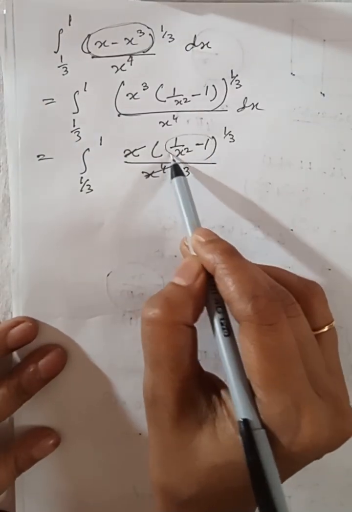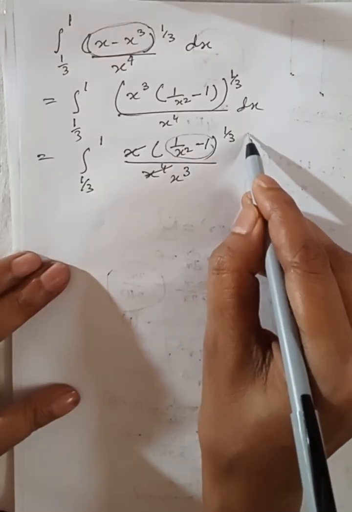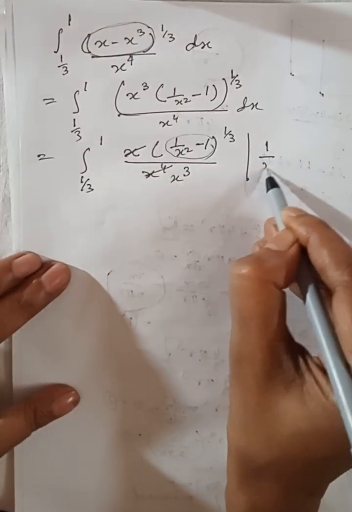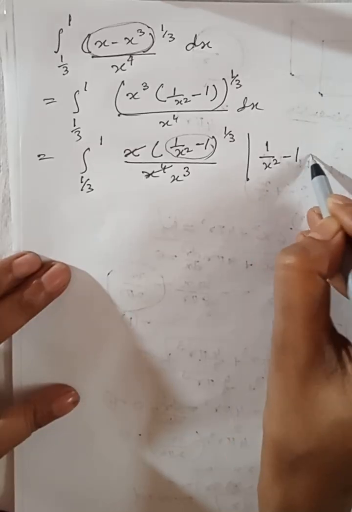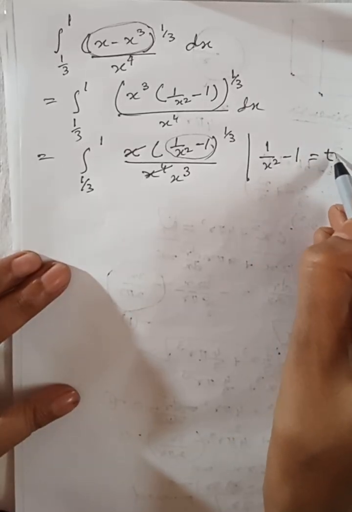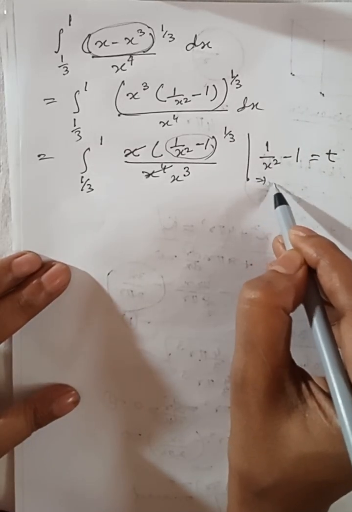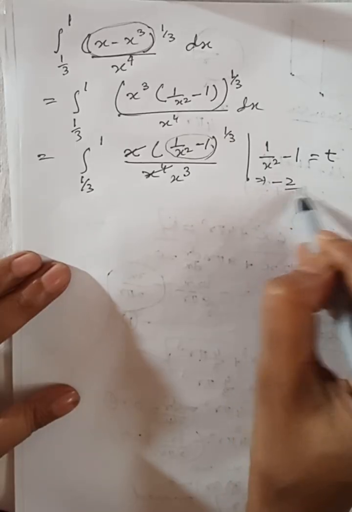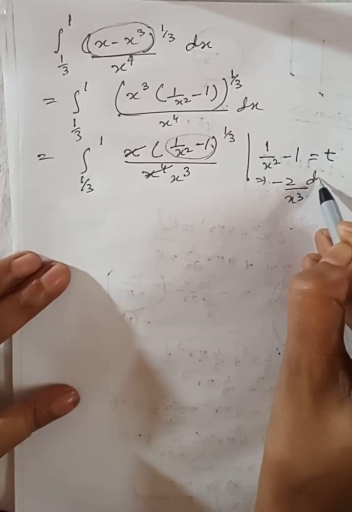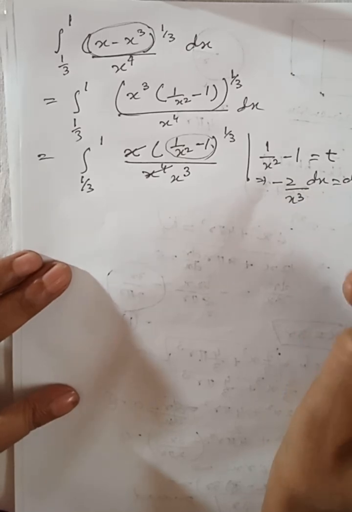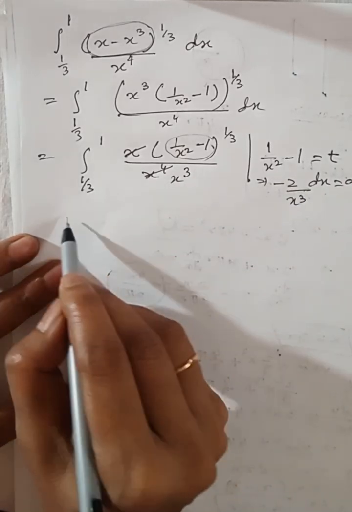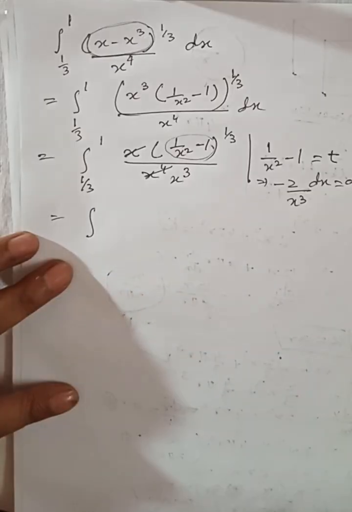We substitute 1 by x square minus 1 equal to t, and minus 2 by x cube dx equal to dt, and the limits also will be changed.